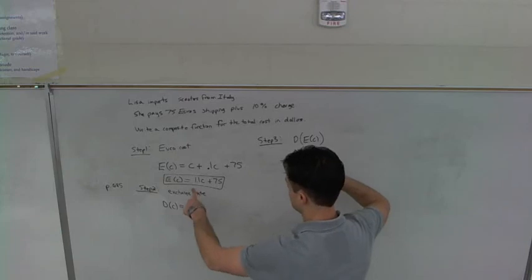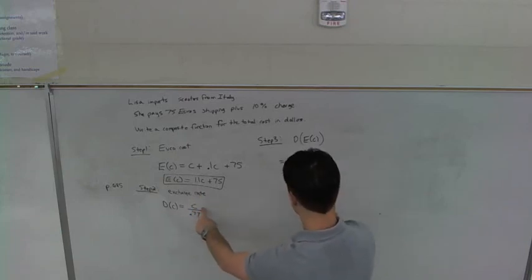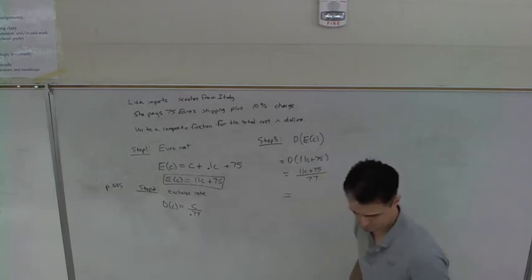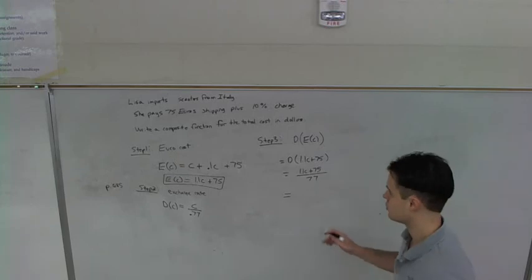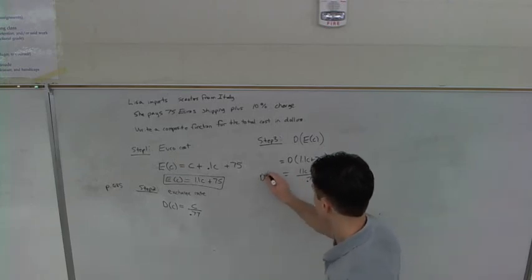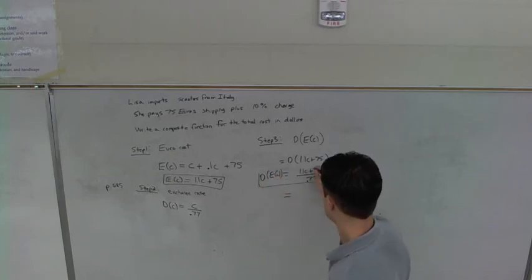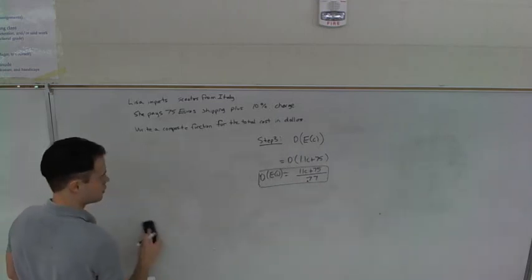So I'm going to take that, put it right there for the variable. And I didn't even reduce that, I just said that's it. So that's D of E of C. Yeah, you could reduce it, but it's good enough.